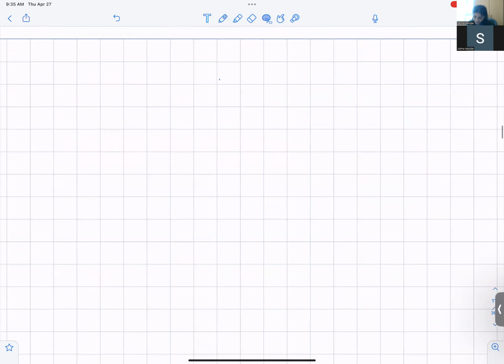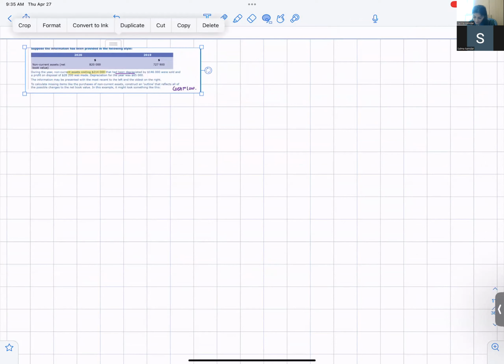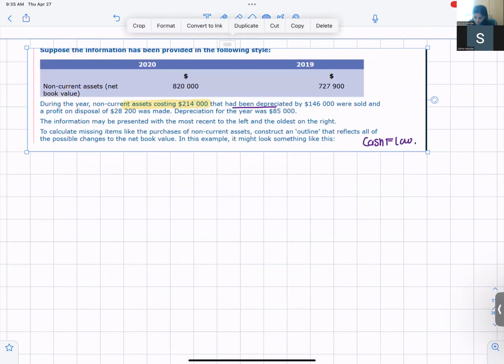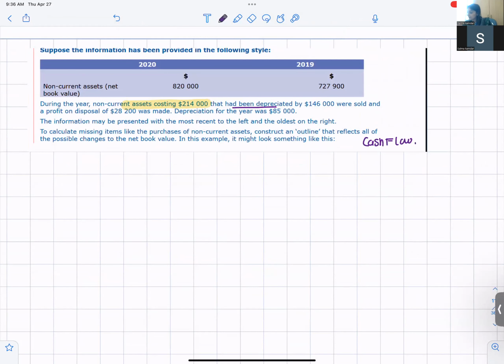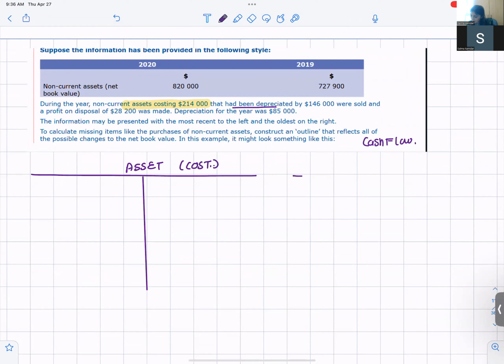And we will try to use the format that we know. Okay. So here I will prepare an asset account. Asset account is always maintained at cost. And the other account that I will prepare is the provision for depreciation account.